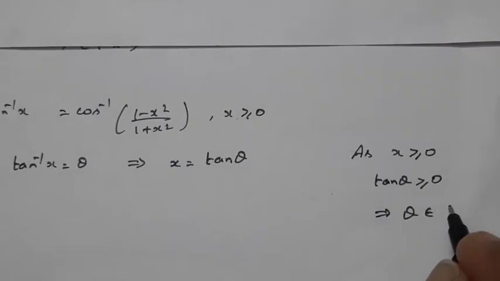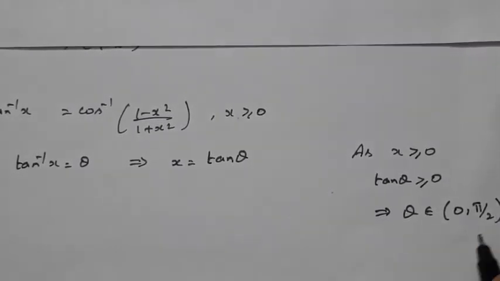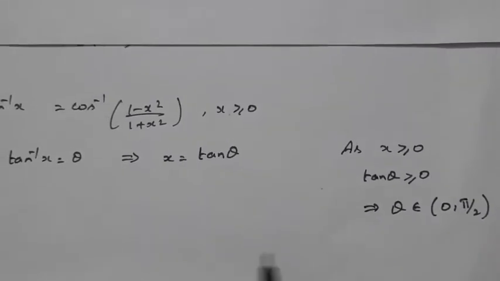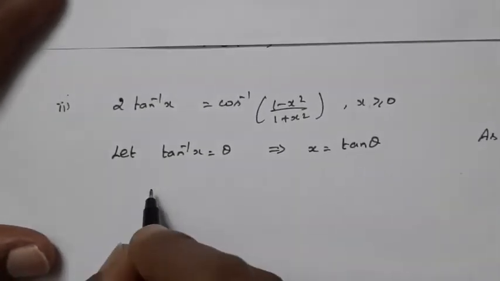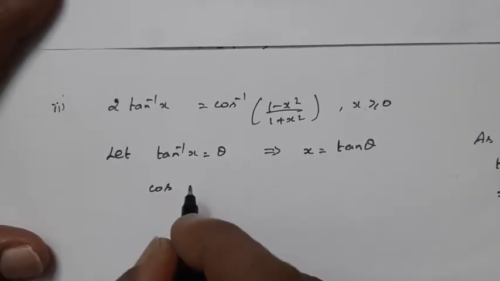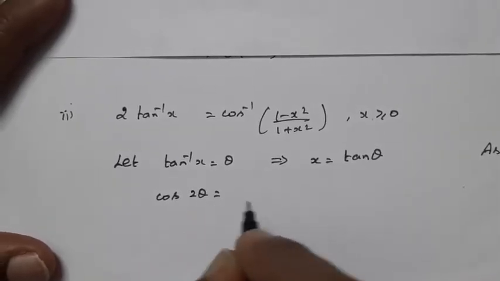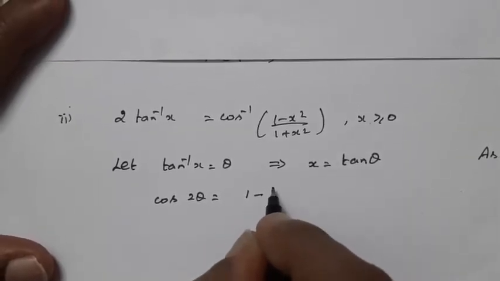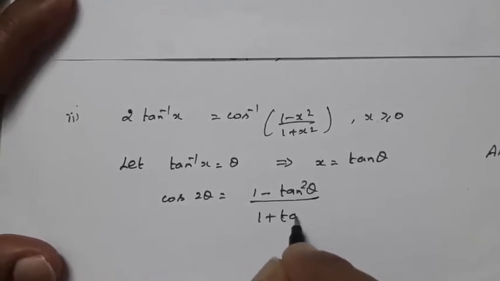So, what is the first quadrant? It belongs to the open interval 0 to pi by 2. Now, you know that cos 2 theta is equal to 1 minus tan squared theta divided by 1 plus tan squared theta.